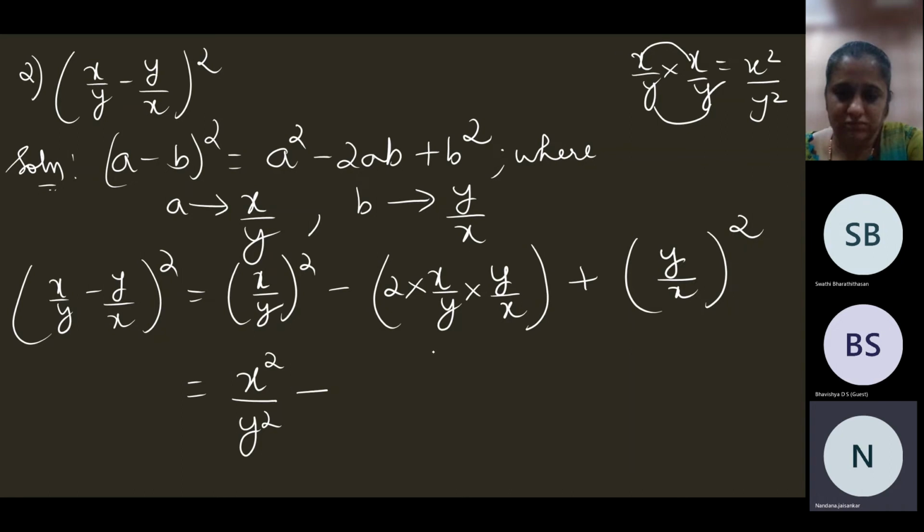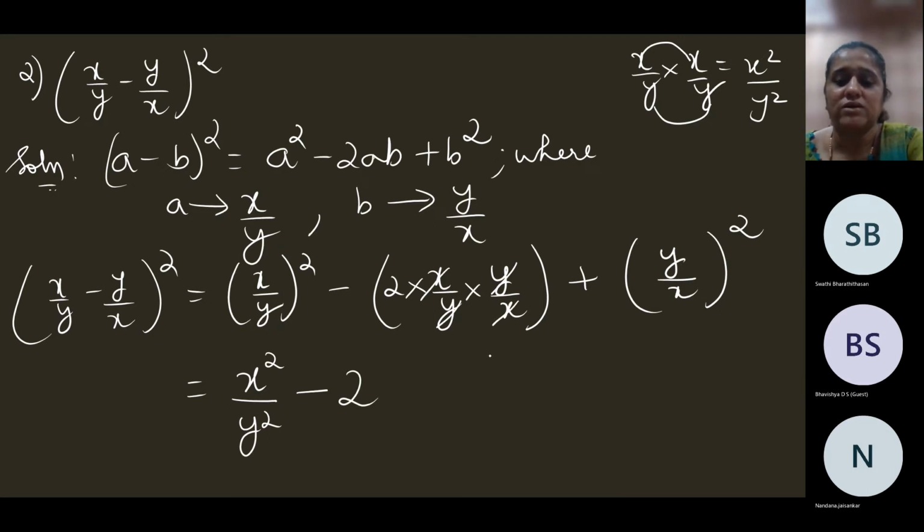Minus 2, because Y cancels, X cancels, so only 2. Minus 2. Correct. Plus Y by X the whole square, Y square by X square. Very good, children. Very good.